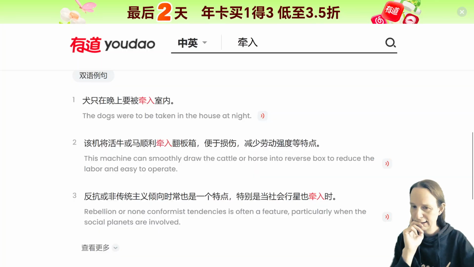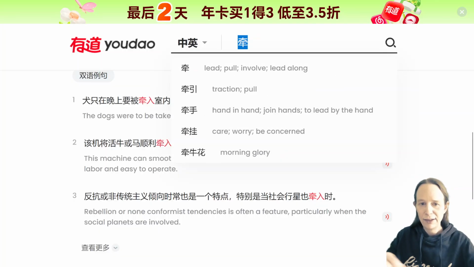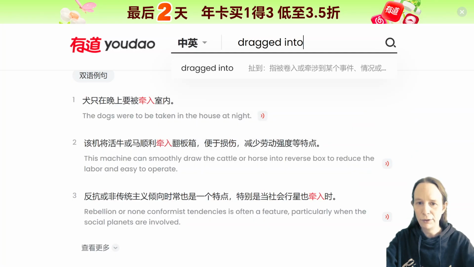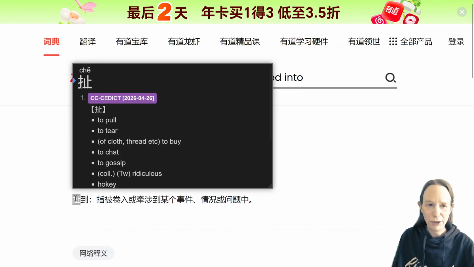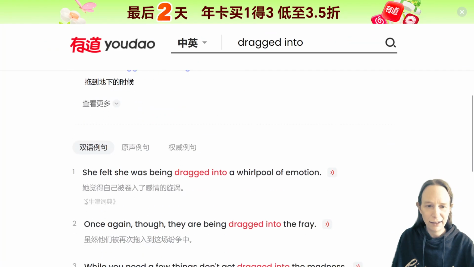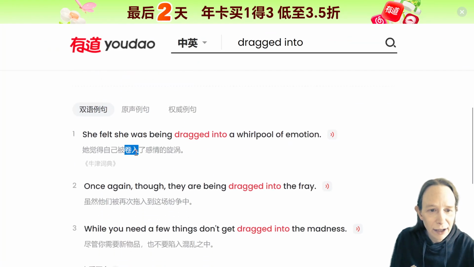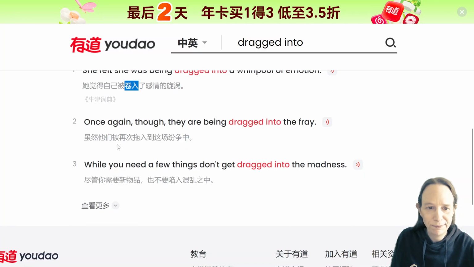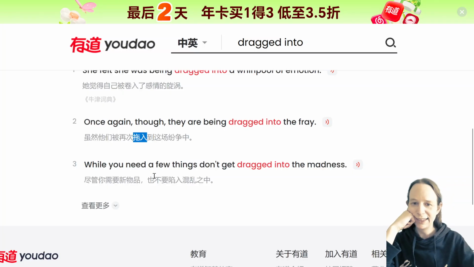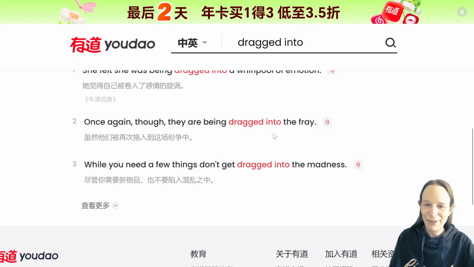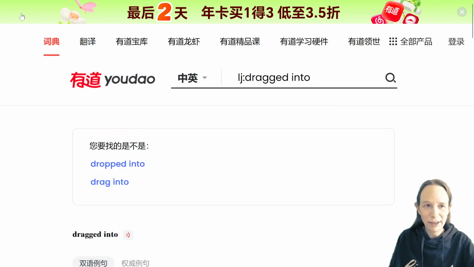All right. So what is dragged into? 扯到, dragged into. Okay. Yeah, 卷入, maybe it doesn't have a, yeah, 拖入. This is literally dragged in. The English is figurative. The Chinese is literal. 陷入.